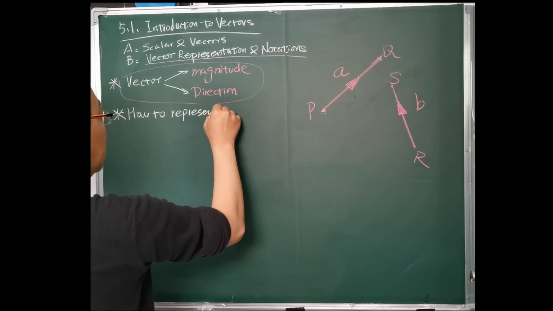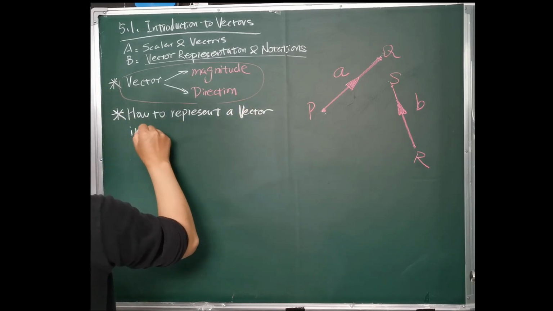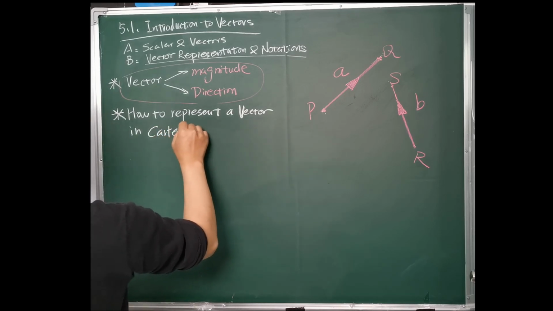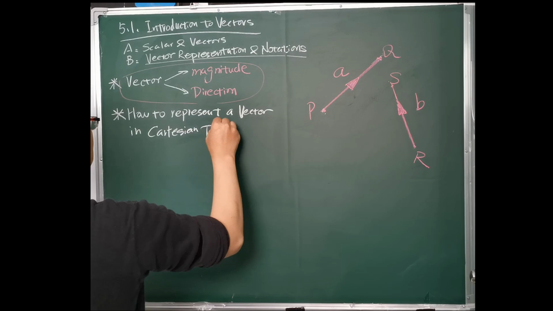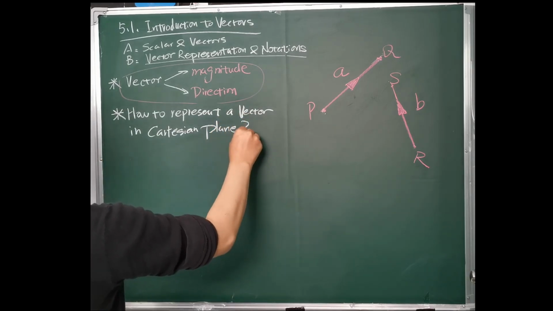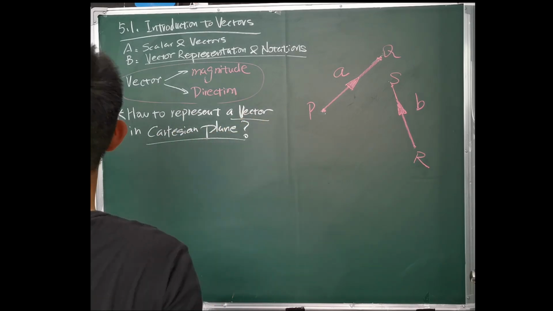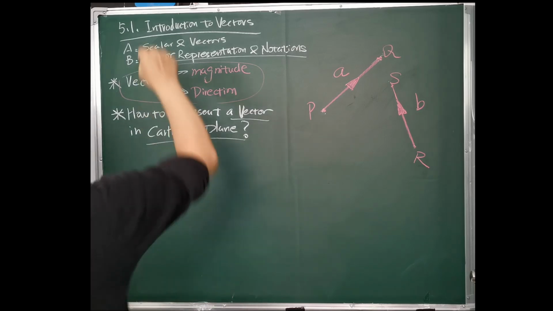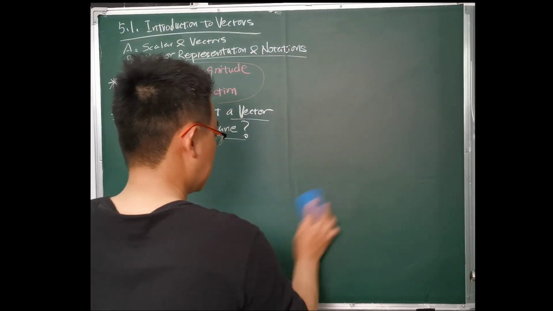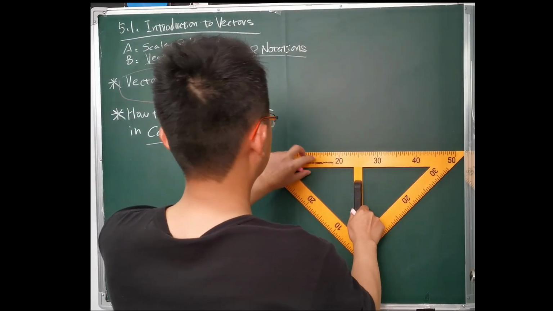Can we represent the vector in the Cartesian plane? This thing we're going to do. We can use another example, a Cartesian plane here.